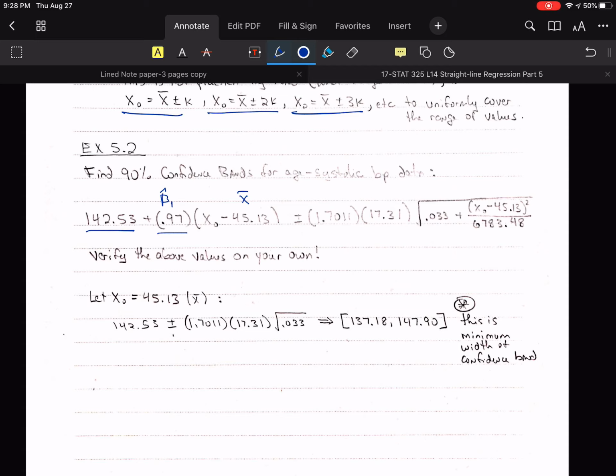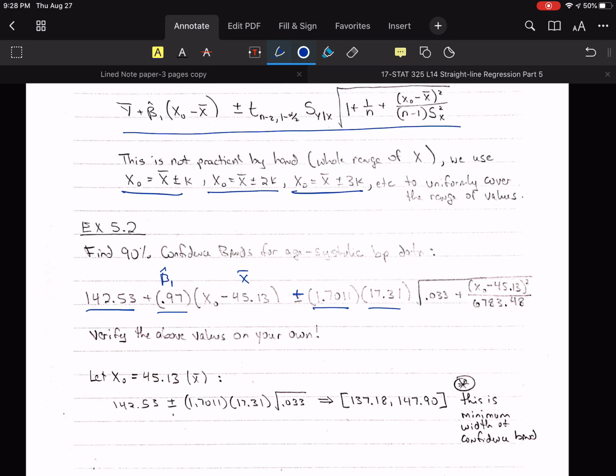And then we have, and this is hard to see, plus or minus, we have our t value, and then we have that s sub y given x value that we calculated, and then this is 1 plus 1 over n, and then we have n minus 1 times s sub x squared, and we have x naught minus x bar quantity squared there. Please verify these values on your own. So you can calculate these, look up the t value here, make sure you can get this information.